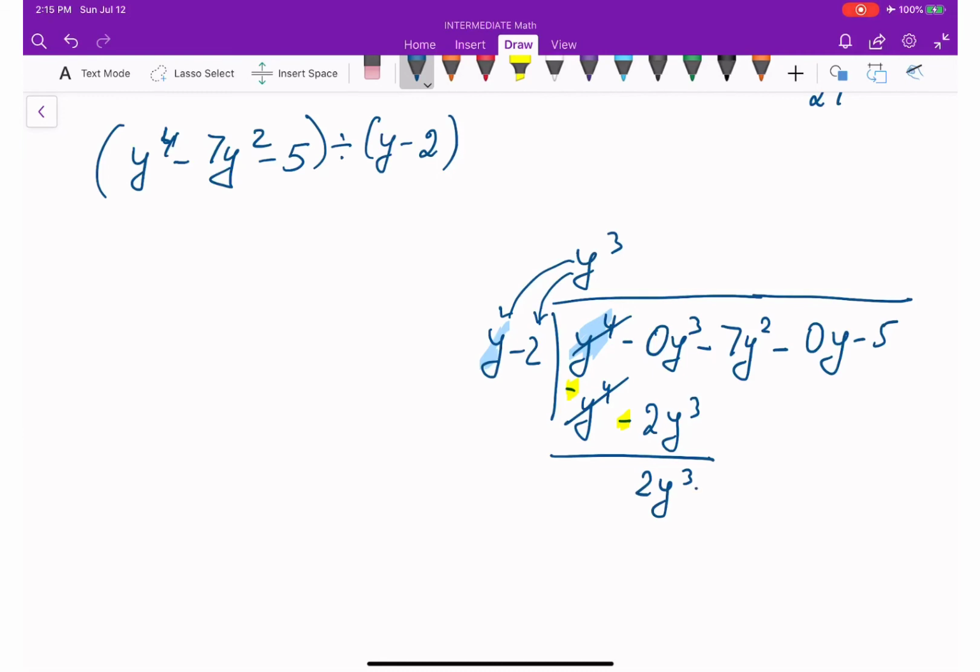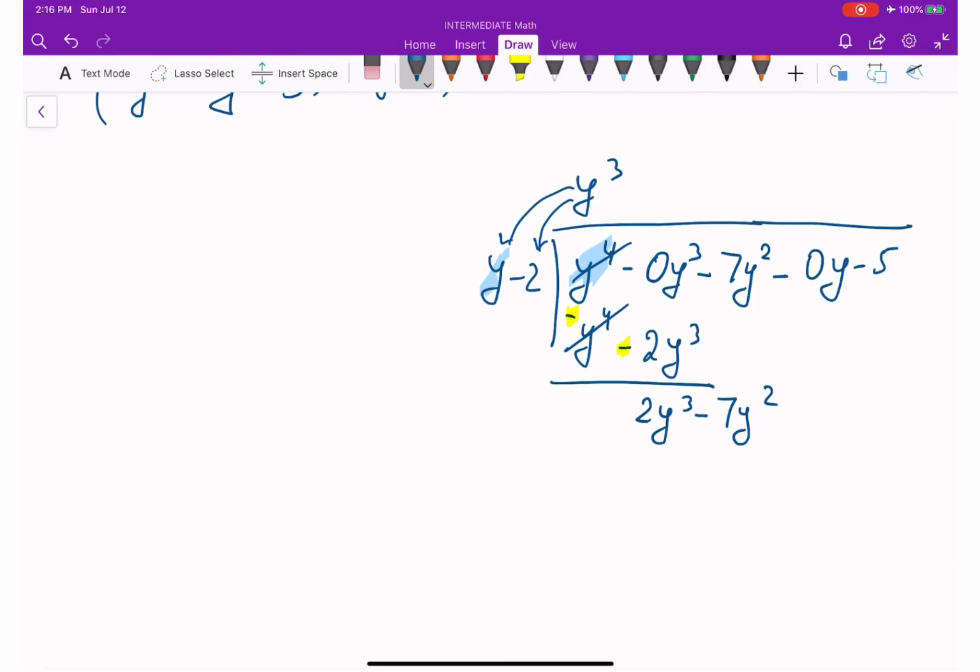Next, bringing down negative 7y squared. Okay, 2y cubed divided by y is going to give plus 2y squared. 2y squared times y is going to be 2y cubed, and then 2y squared times negative 2 is going to be negative 4y squared. This and this are gone because we are subtracting.